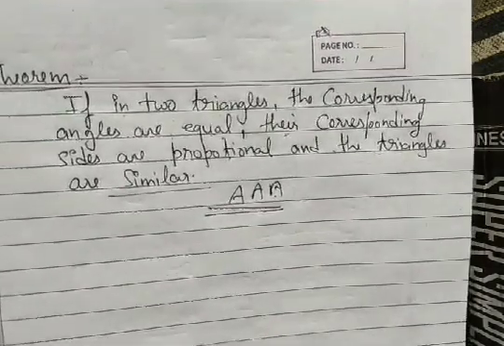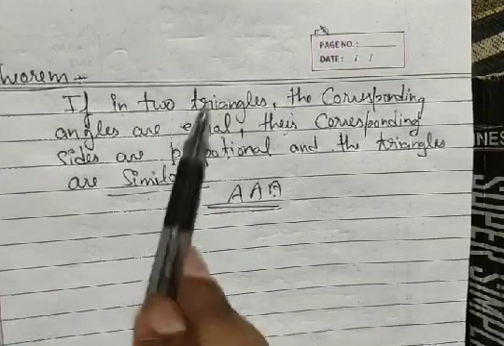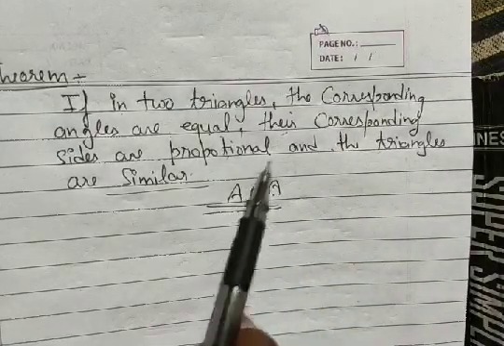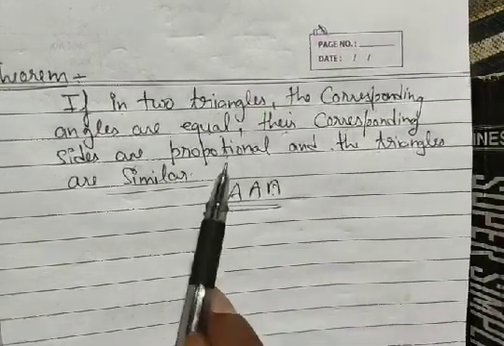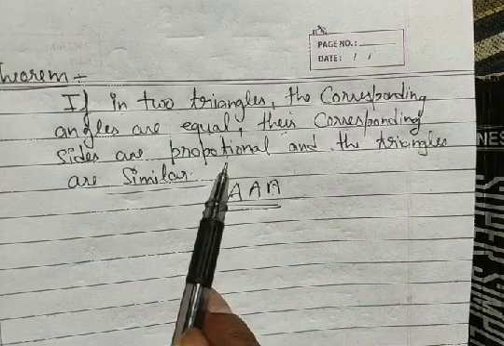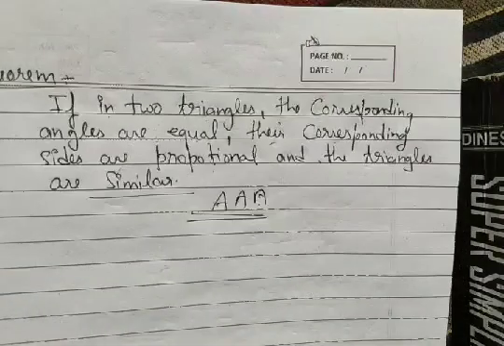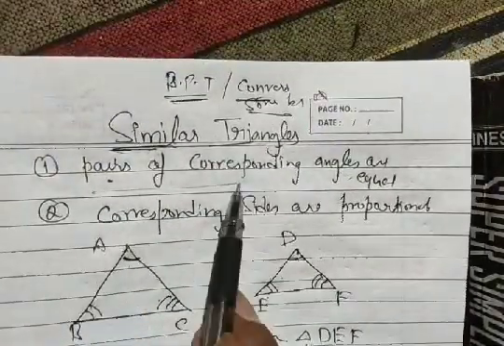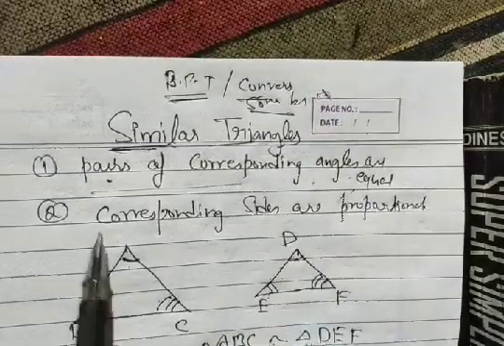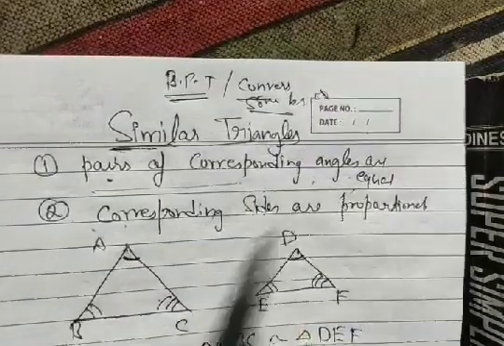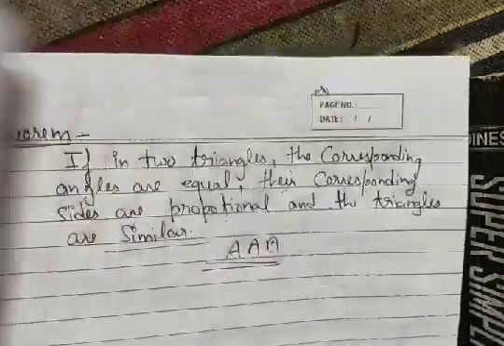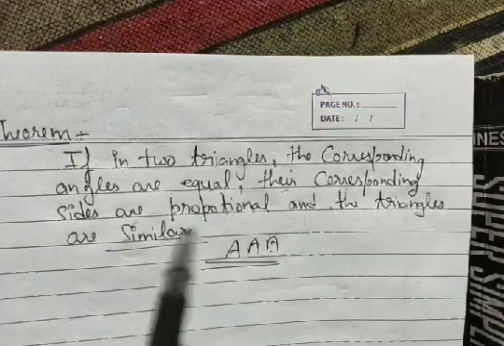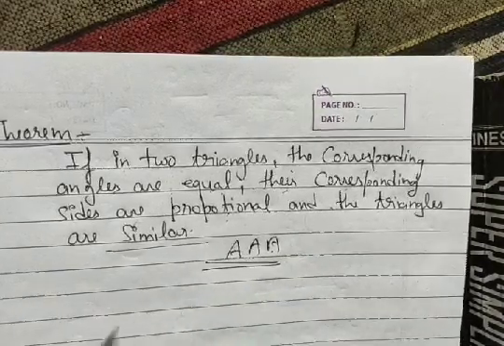Now we are going to prove that if we have two triangles and the corresponding angles are equal, then this implies that their corresponding sides are proportional. To show similar triangles, we need two criteria: pairs of corresponding angles are equal, and corresponding sides are proportional. When our angles are equal and our sides are in proportion, then the triangles are similar triangles.